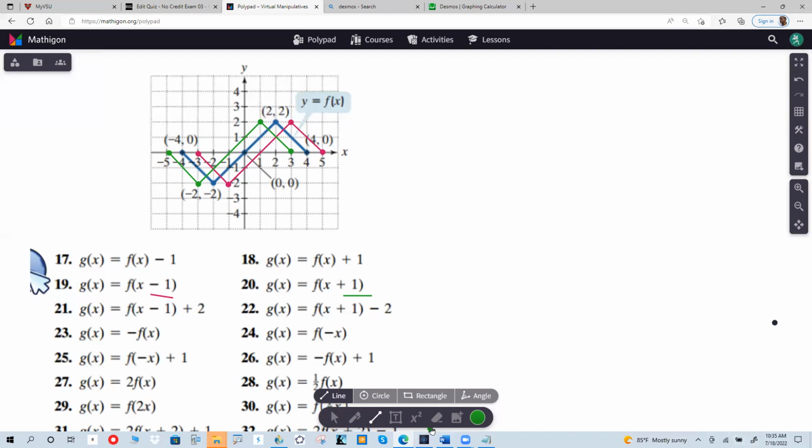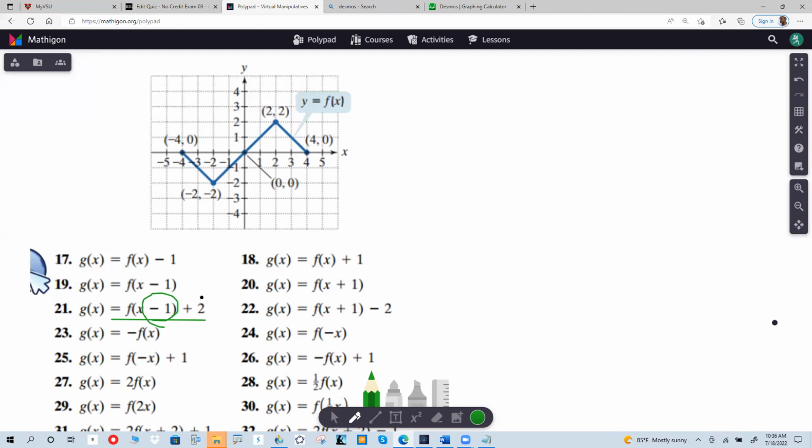All right, so let's try these guys. The next one. All right, let's try this guy. We're going to do it in green. Okay, remember here, two things are taking place. You start with minus 1. That would take the original function f of x and make it go 1 unit to the right.